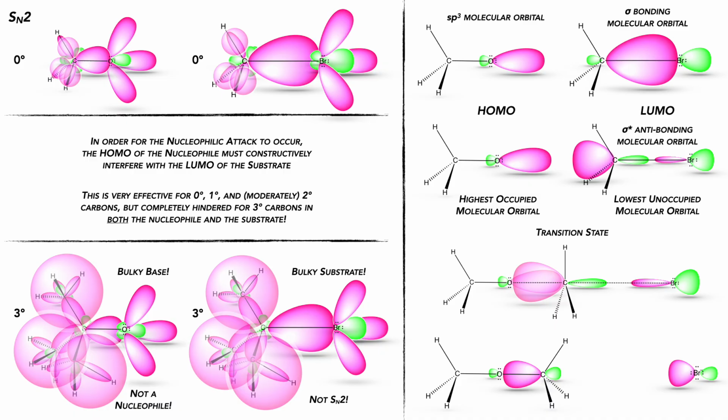The filled orbital donates amplitude into the anti-bonding orbital, weakening the carbon leaving group bond as the new bond forms. But this interference requires a clean overlap. Sterically hindered environments distort the lobes and shut the door, which is why tertiary substrates and bulky bases cannot perform SN2.